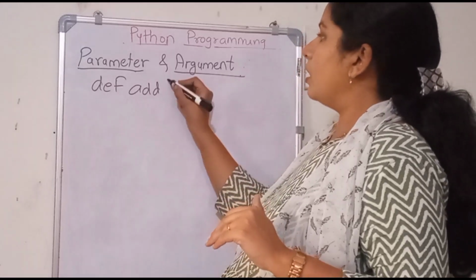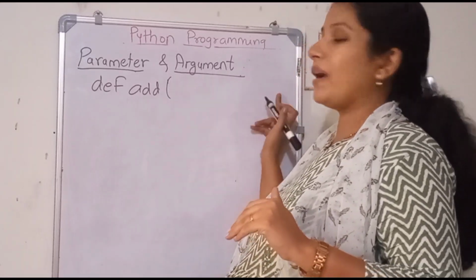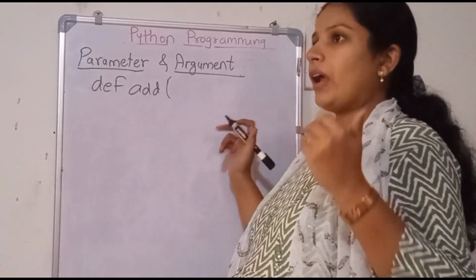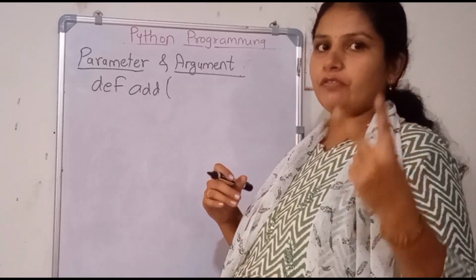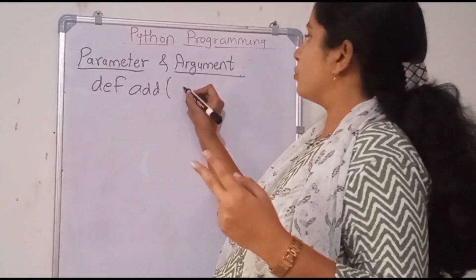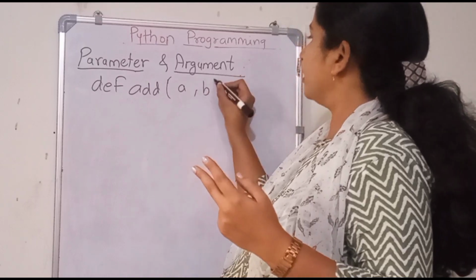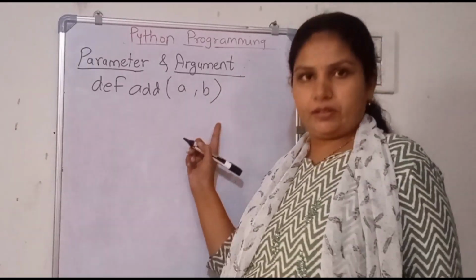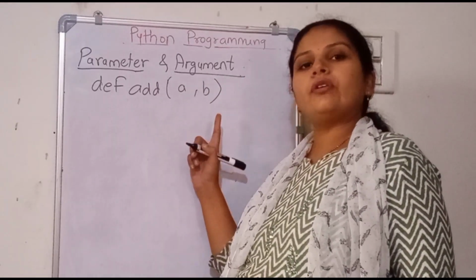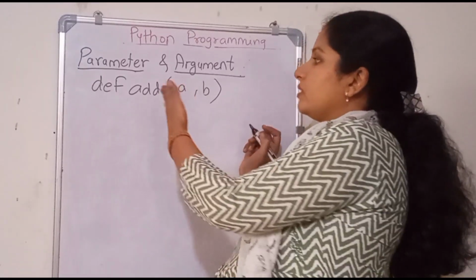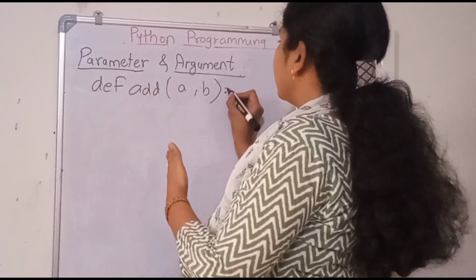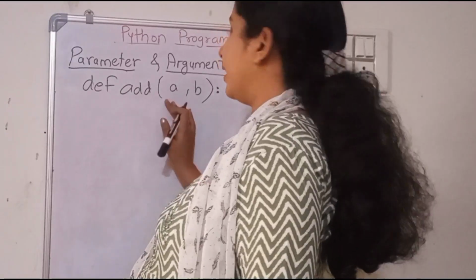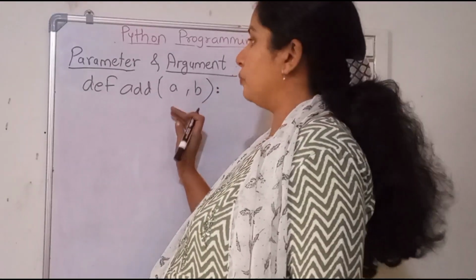Now here I am using parameters, right? For addition you need two input values, so here I am taking a, b. So these are your parameters, the values you are using in add(a, b).